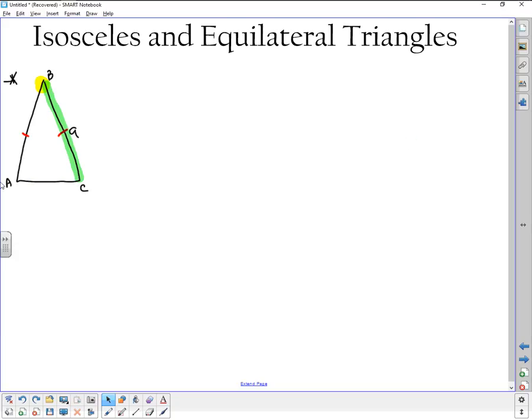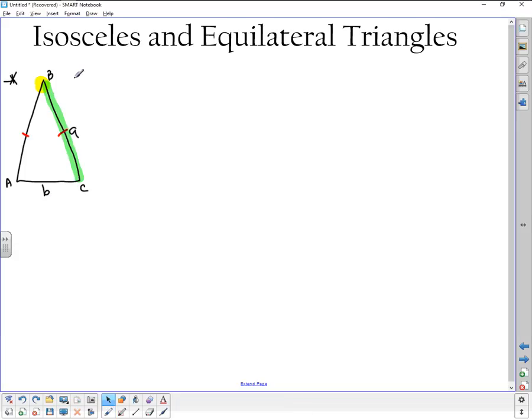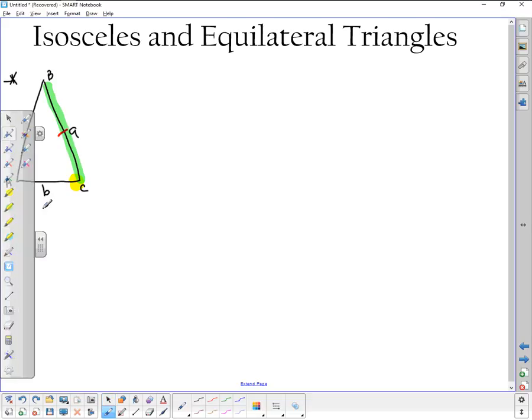So this side right here will be lowercase b. Now, if I'm standing at angle C, the only one left over will be c. So this side right here is c, and that is because it is the opposite side.